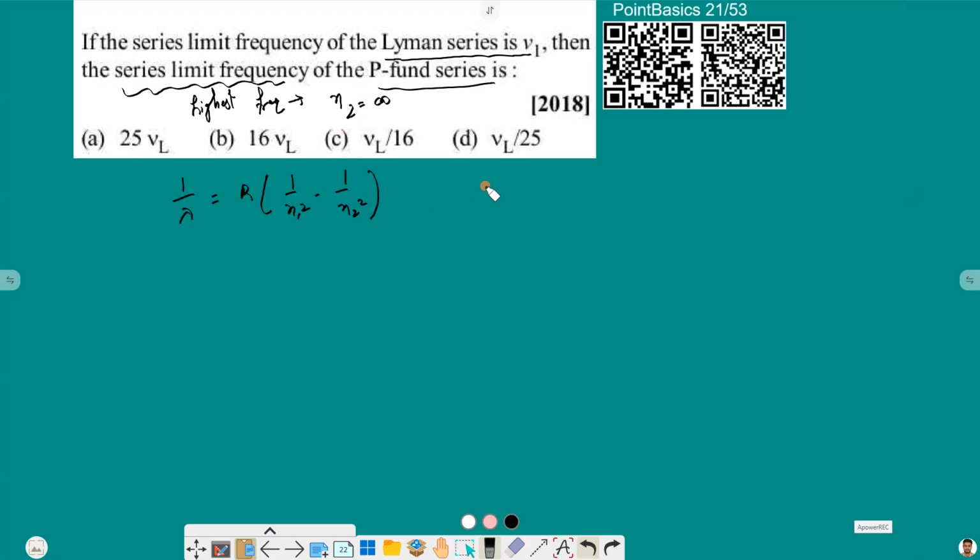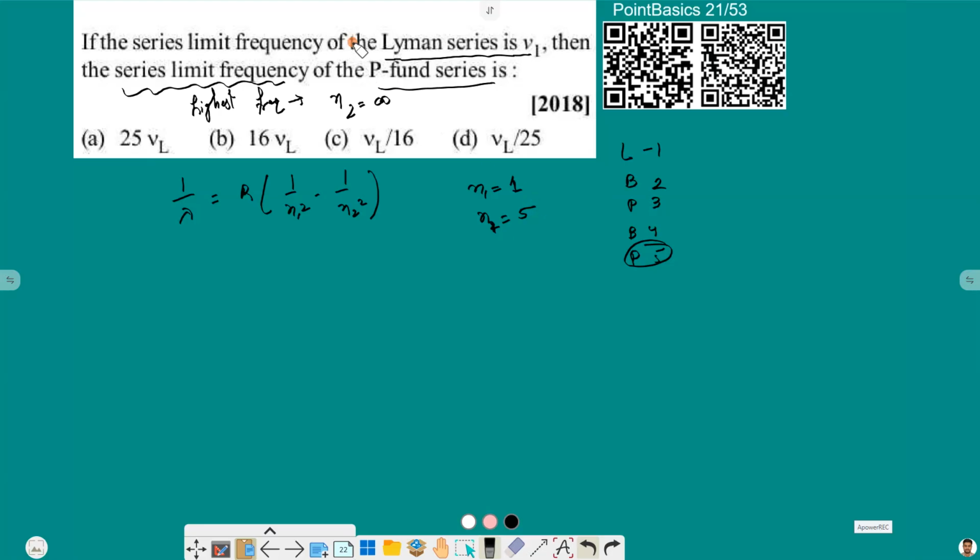So for the Lyman series, n1 is 1, then comes the Balmer, then the Paschen, and then the Pfund. So here we have 1, 2, 3, 4, 5. In the first case n1 will be 1, and in the second case n1 will be 5.